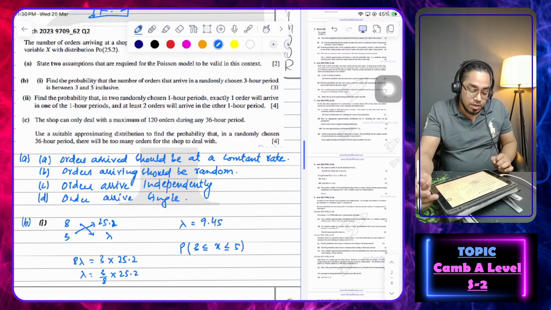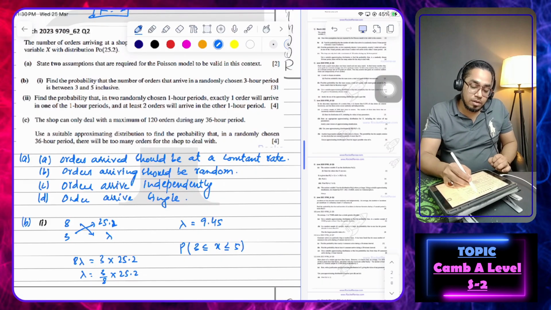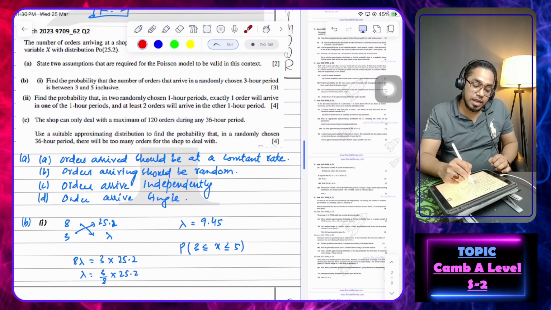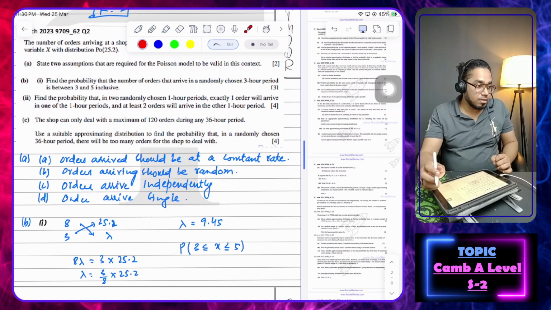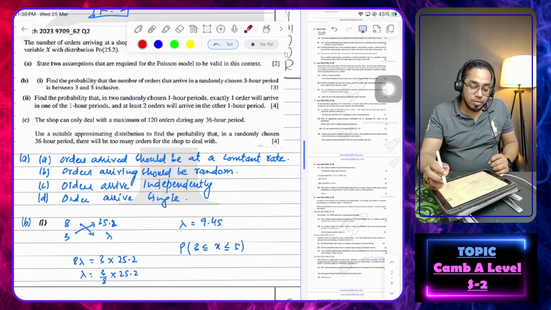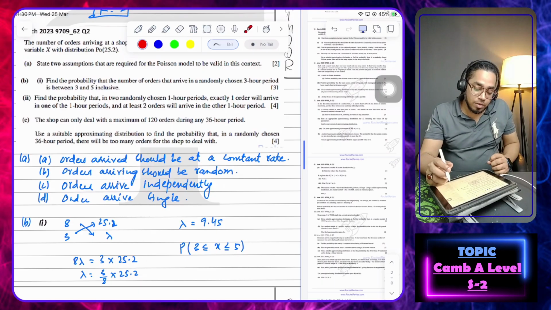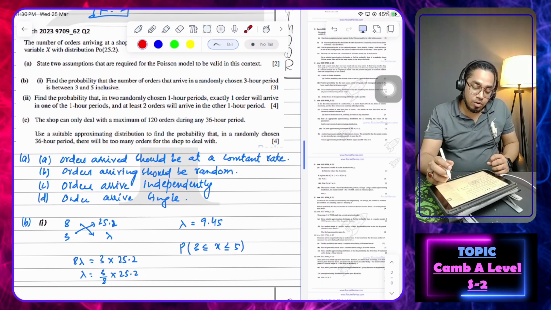And for part C, the shop can only deal with a maximum of 120 orders during any 36 hours period. Okay, use a suitable approximation to find the probability that in a randomly chosen 36-hour period there will be too many orders for the shop to deal.